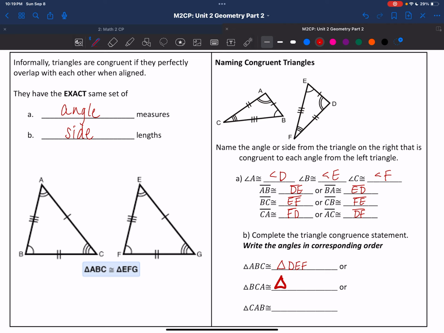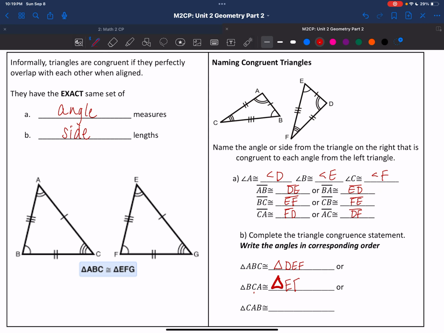Triangle E. We said C goes with angle F. So then we're going to write F. And then we said that A goes with D. So you can write that EFD.